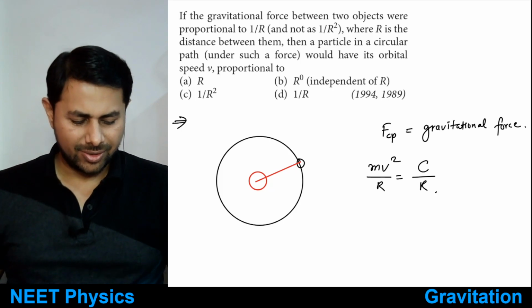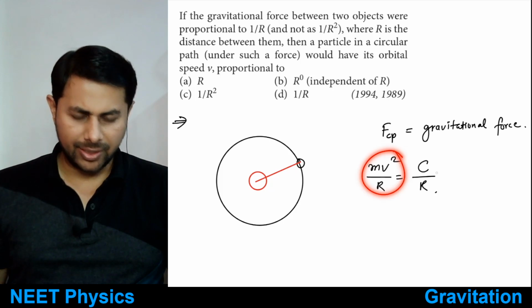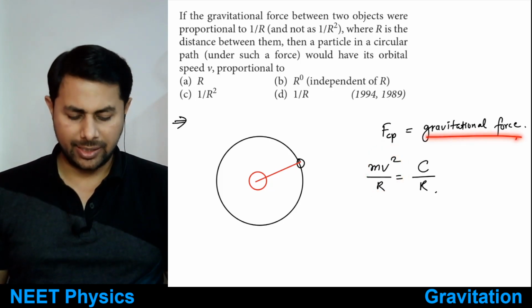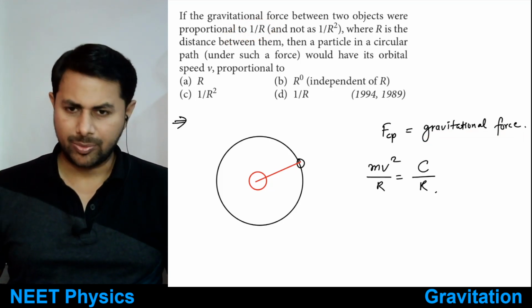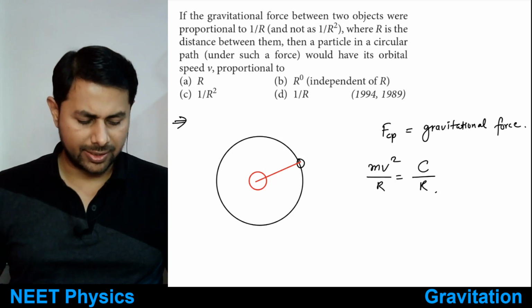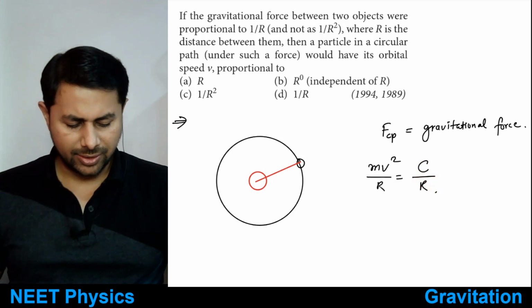Okay, so you have mv square upon r is equal to gravitational force, and according to them it's proportional to 1 by r and not 1 by r square. Okay, it's proportional to 1 by r, not 1 by r square. So it is some constant divided by r. So r and r will get cancelled, and you get a constant.